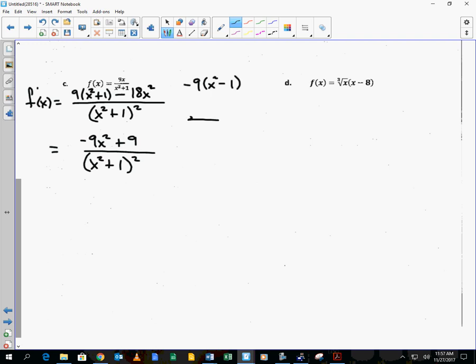Okay, what are the solutions to that? Do you know what that graph looks like? Right side up or upside down? Upside down. Everybody good to go there?